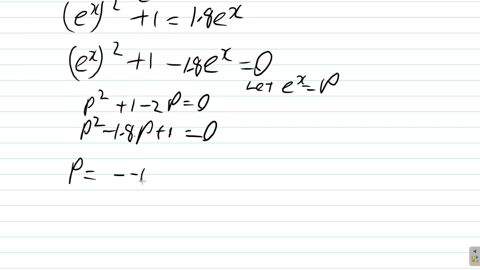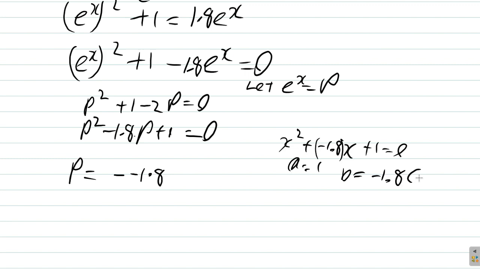P equals negative... So remember, once using the formula, carefully put in the values, right? This would be like you're saying x squared plus negative 1.8x plus 1 equals 0. It would be somewhat like that, right? So a would be 1, b would be negative 1.8, c would be 1, right?